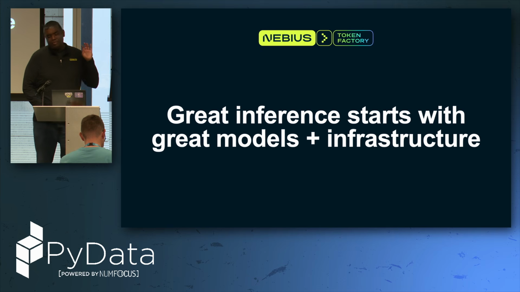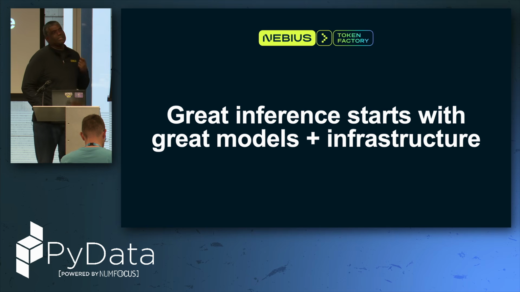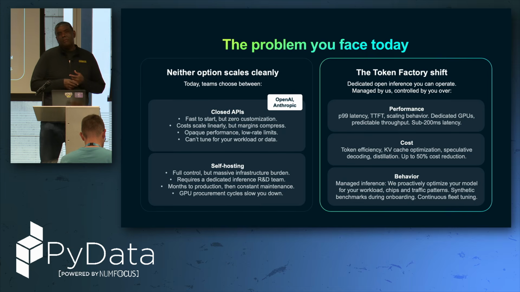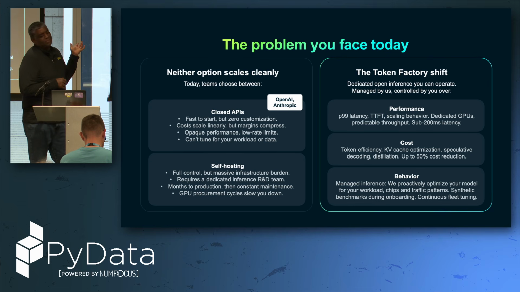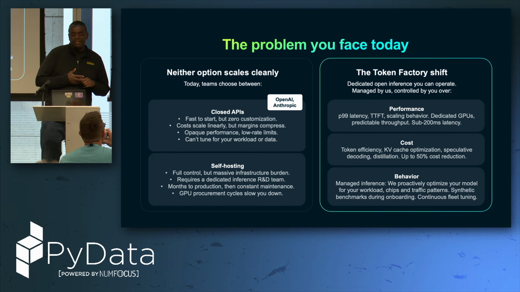Very quickly, and I'm not going to spend too much time talking about the service, we believe good inference starts with good models, but you also need good infrastructure behind it to make it happen. I've done this personally: you start with some closed models, start prototyping, do some prompt engineering, get it working, and then once you start scaling, the cost goes up, it's like a black box, and I have no idea what's happened to my data.